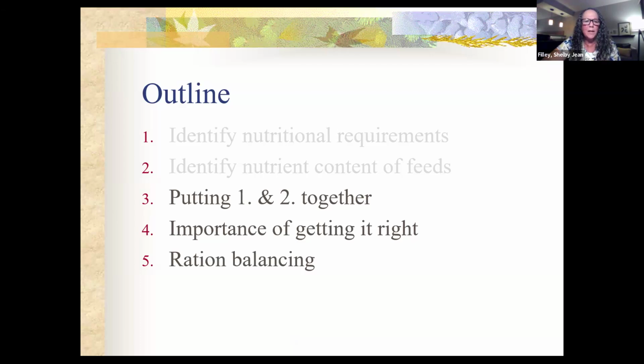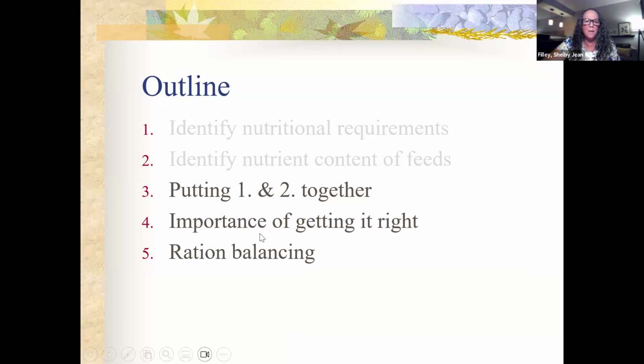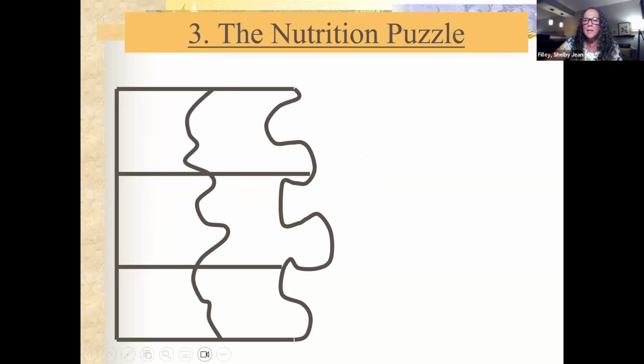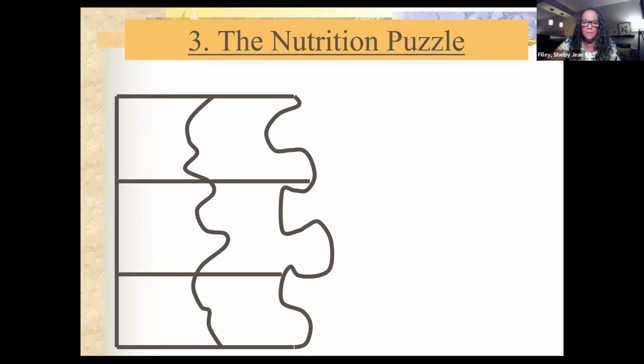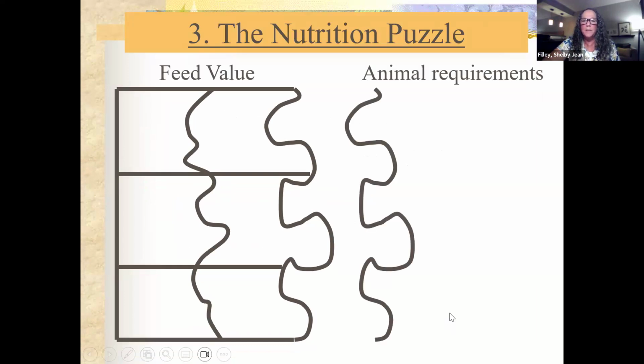All right, let's go for a little bit longer. Putting number 1 and number 2 together. Once you have the nutrient requirements of the animal identified and the nutrient content of feeds, how do you put those together so that you have a good ration for the animals? Well, I like to use a nutrition puzzle to demonstrate this.